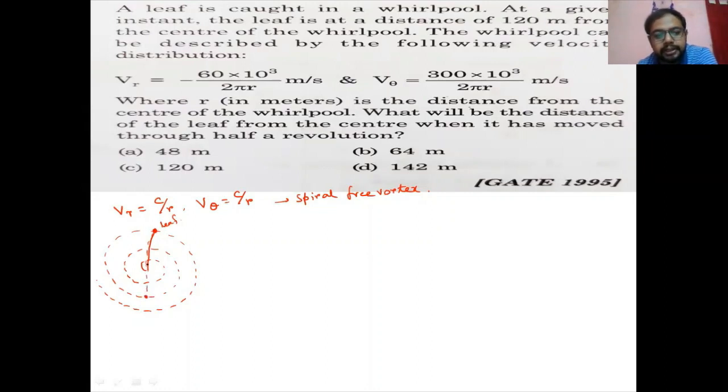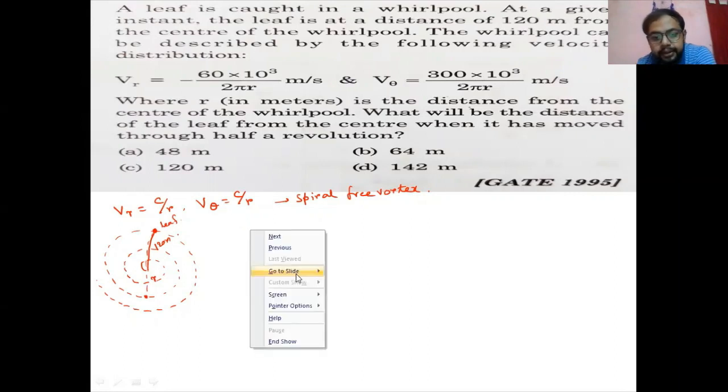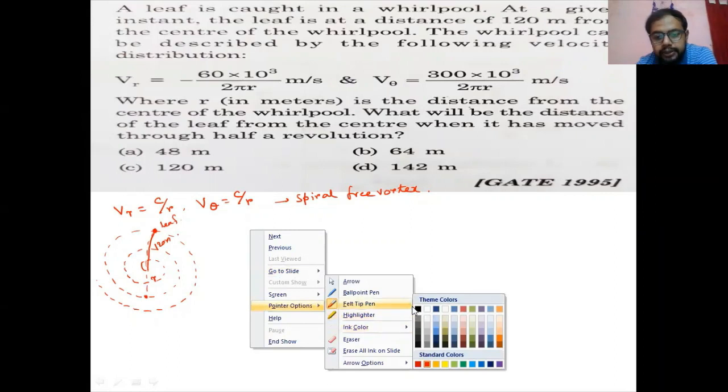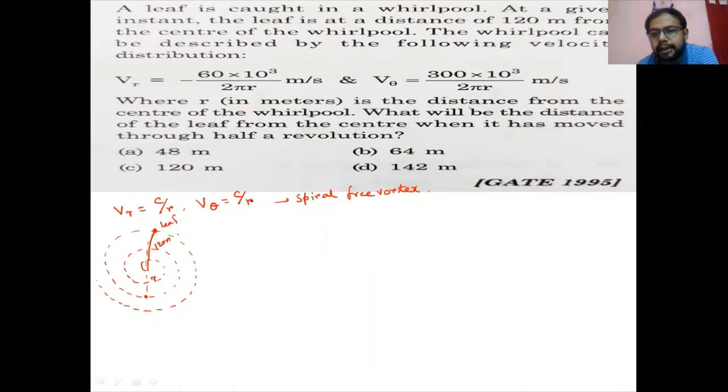So now at what distance is it here? R. Previously it was 120 meter. Now what is the distance here in this whirlpool? That is our question. To solve this kind of problem, we have to go for the streamline equation in polar coordinates.